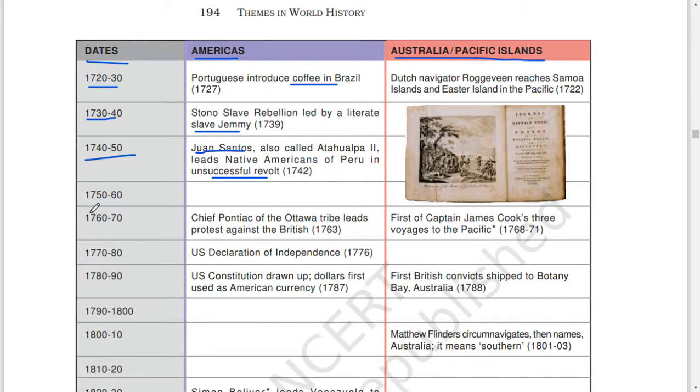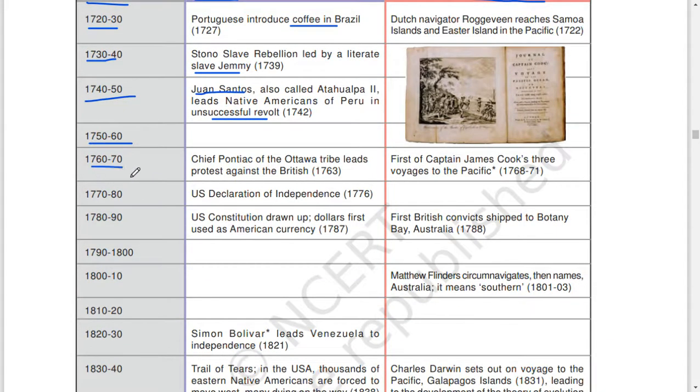1750 to 1760. 1760 to 1770, Chief Pontiac of the Ottawa tribe leads protest against the British, 1763.